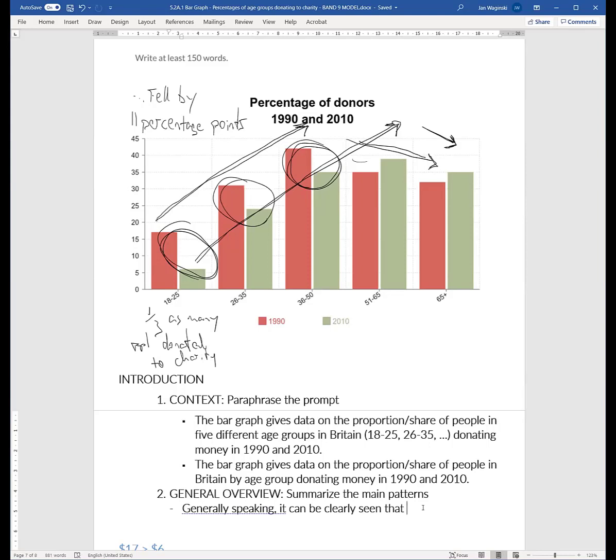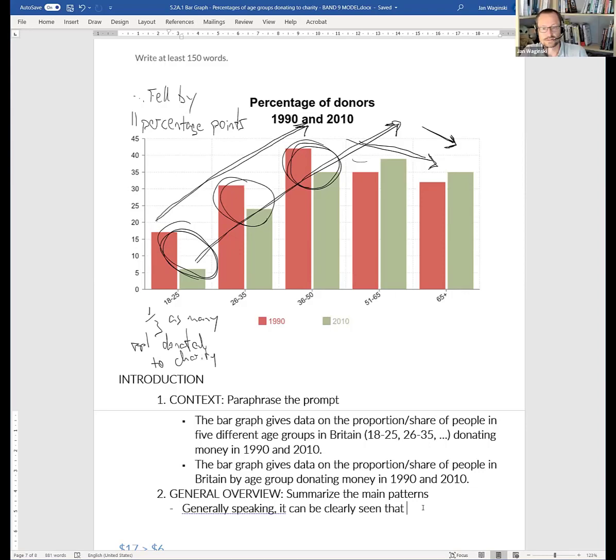Overall increase in proportion of the charity in both years. I wrote it another way. Generally speaking, it can be clearly seen that overall proportion of the charity in both years increased in all of the groups.